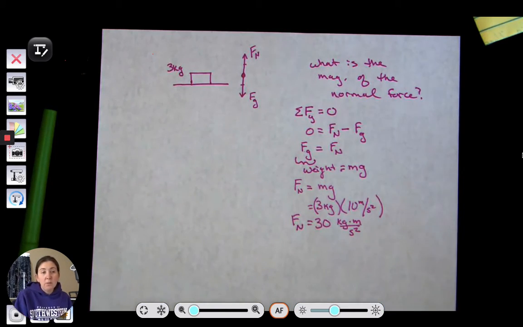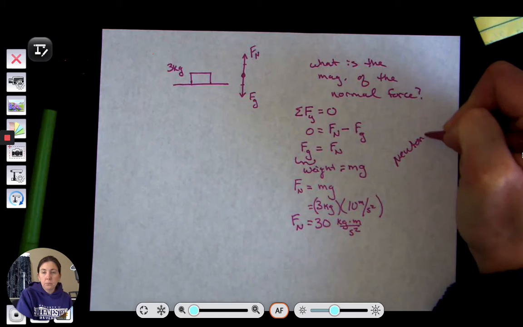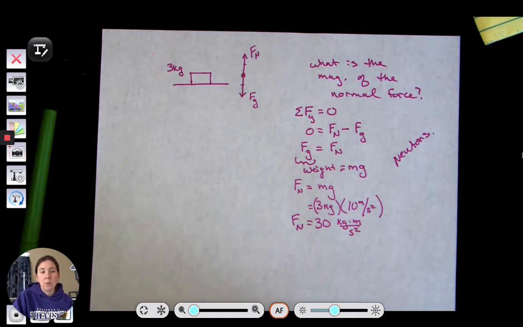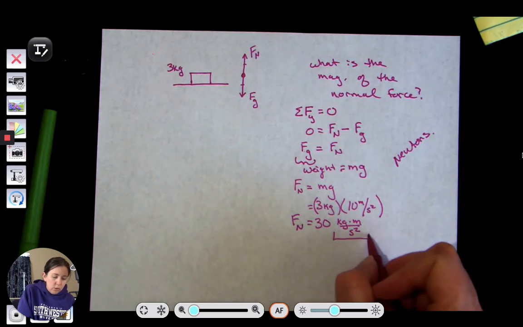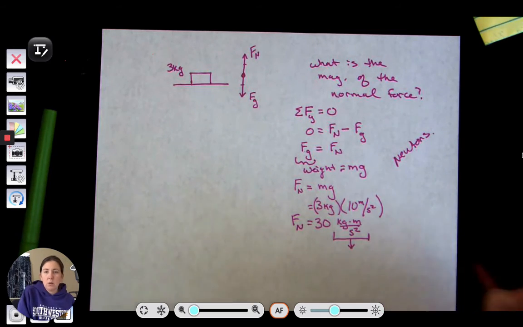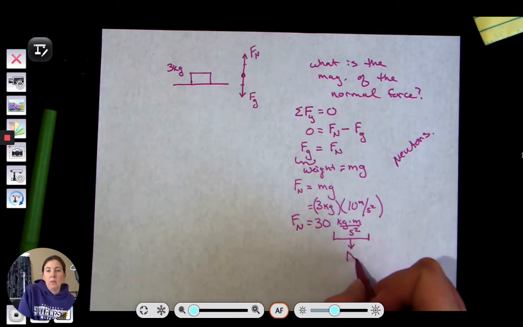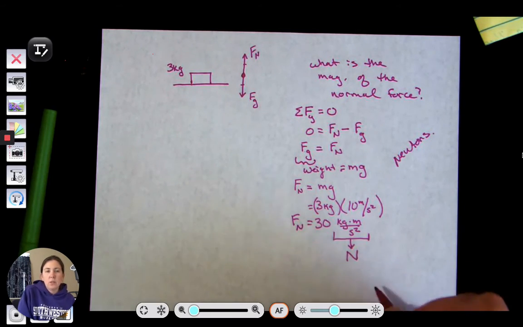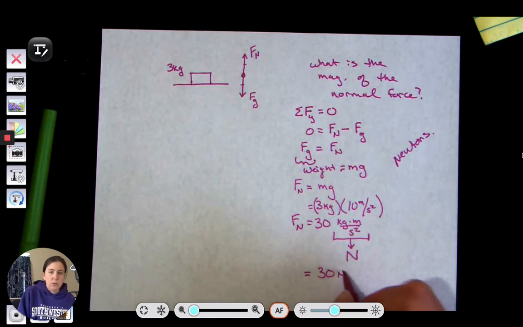When we talked about forces the other day, I gave you the unit as newtons. The force of an object is given in newtons, and so this weird unit here, kilogram times a meter per second squared, is a complicated way of writing newtons. So that's actually what a newton is. It's sort of interesting. So this is just going to be 30 newtons.